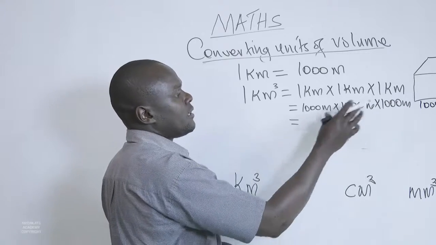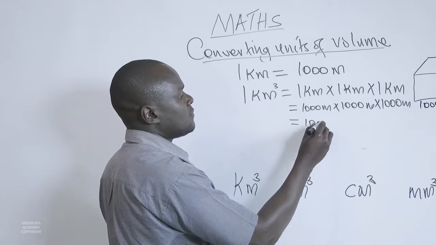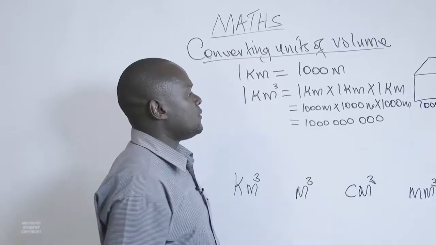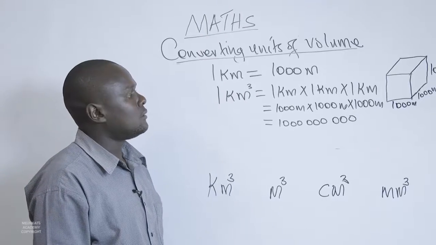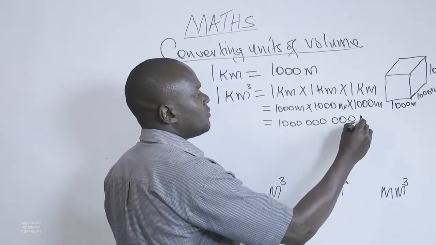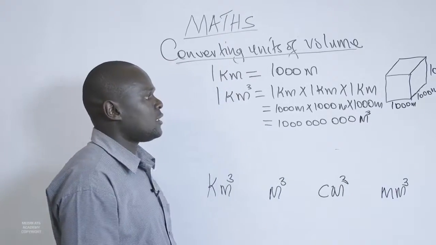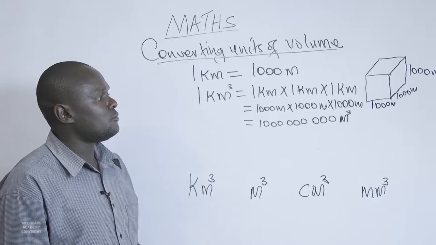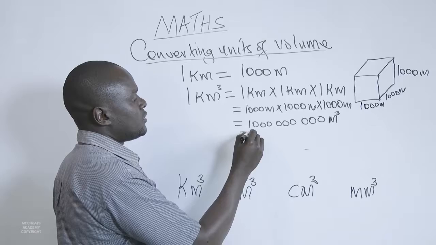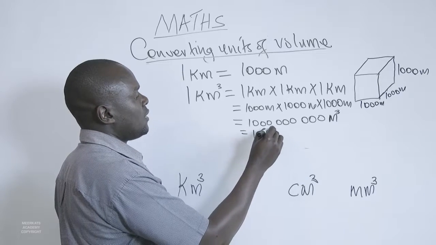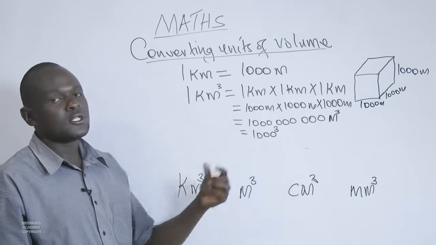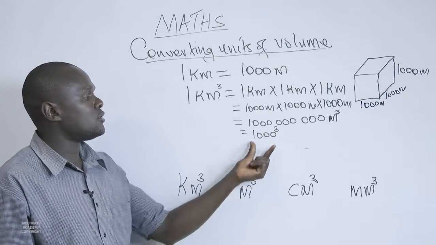When we multiply, this will give us 1 billion cubic meters. 1 cubic kilometer is equal to 1 billion cubic meters, and this can be written as 1,000 cubed. 1 kilometer is equal to 1,000 cubed meters.